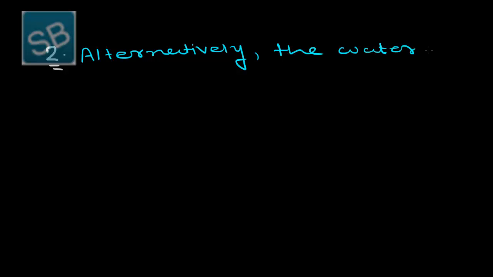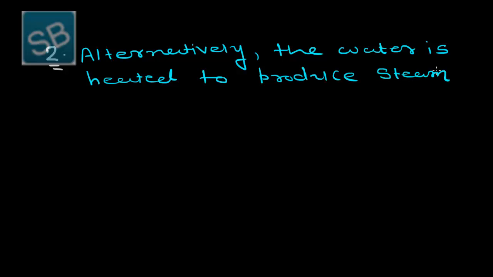Another application of AC generator is where the water is heated to produce steam using coal or other sources.